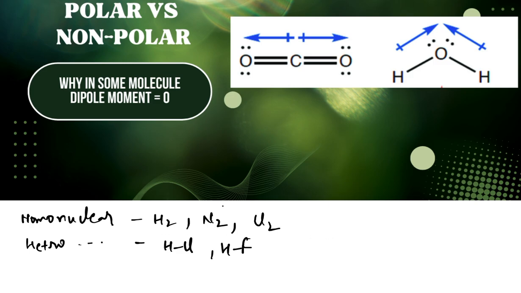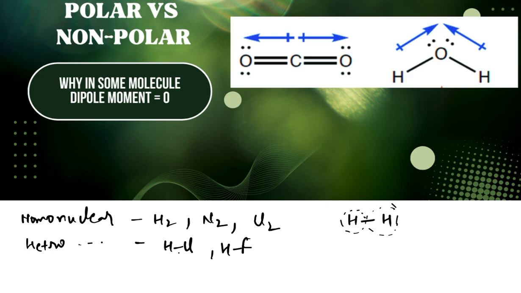In such a covalent bond, if we talk about, let's say, hydrogen, they form the covalent bond, but the electron cloud is shared equally. Why? Because they both are equally electronegative. They are going to pull the electrons with the same strength. The same goes for nitrogen and chlorine molecules.